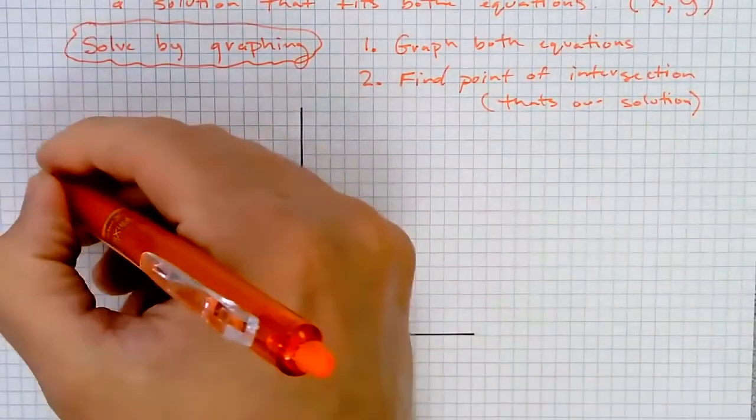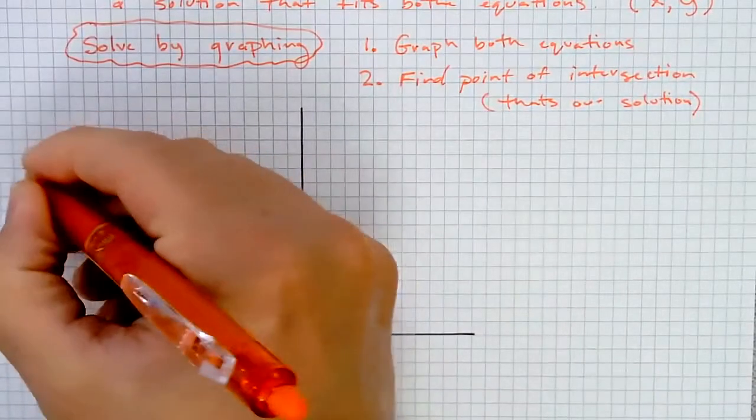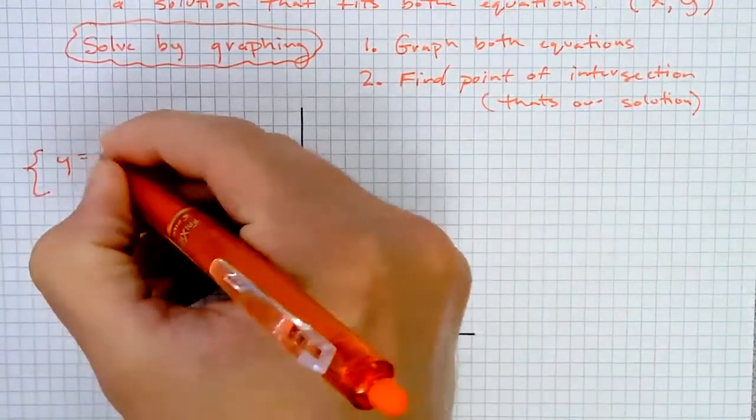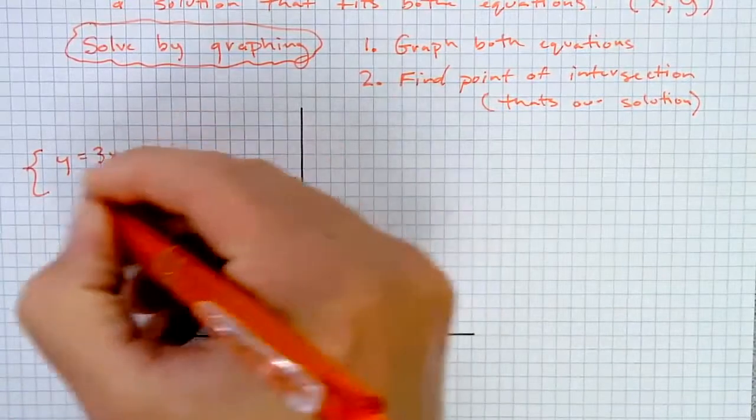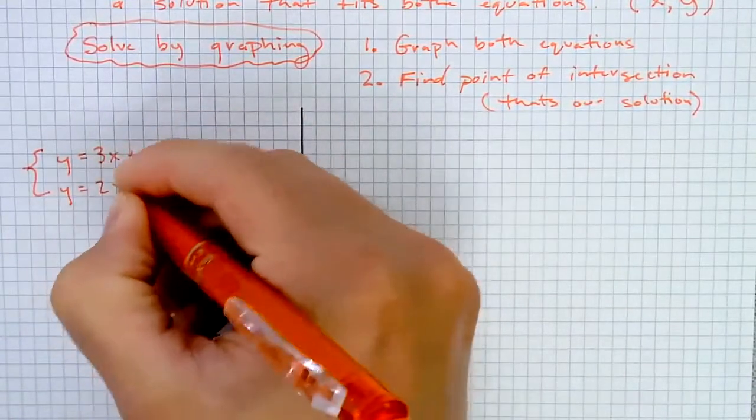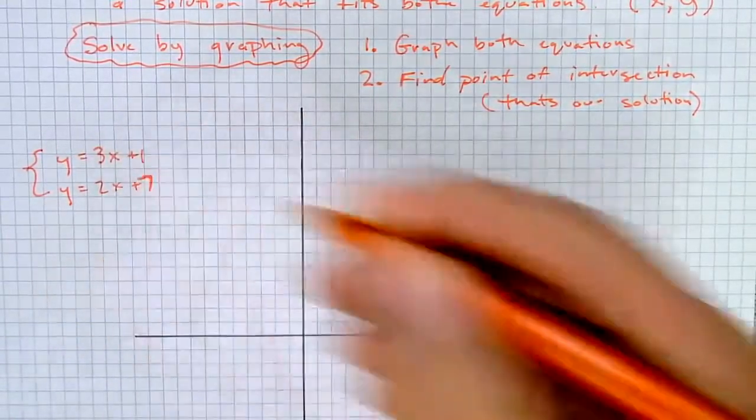I'm graphing the ones I wrote earlier, y equals 3x plus 1 and y equals 2x plus 7.